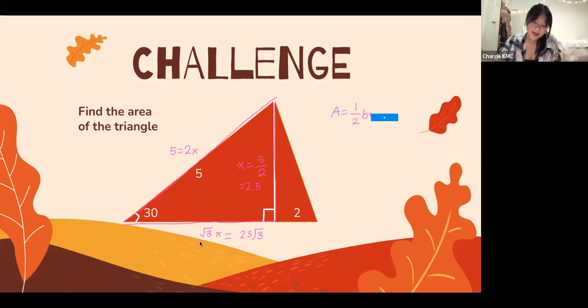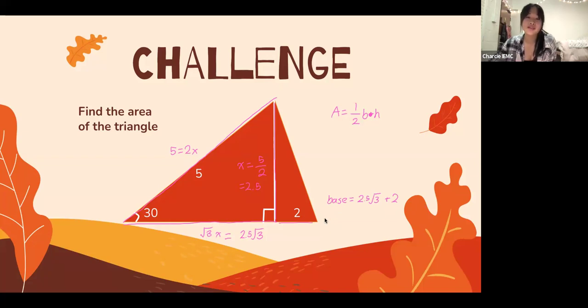And then there's that extra bit on the side, that's 2 units. So you would have to add the 2 units to the first base that we found to find the overall base of the big triangle. So if you add those together, you would get 2.5 root 3 plus 2.